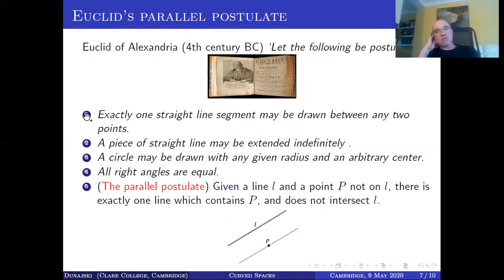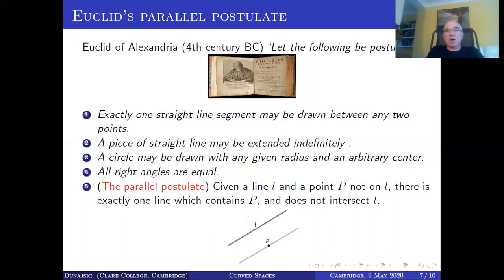4 of them are intuitively obvious. First one: exactly one straight line segment might be drawn between any 2 points. Well, that's true. You'll see that when you experiment with lines on the plane. A piece of straight line might be extended indefinitely onto an infinite line. A circle might be drawn with any given radius and arbitrary center.